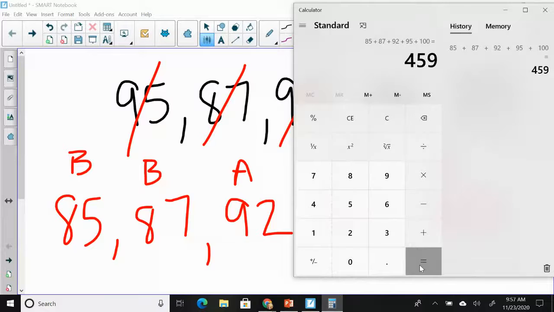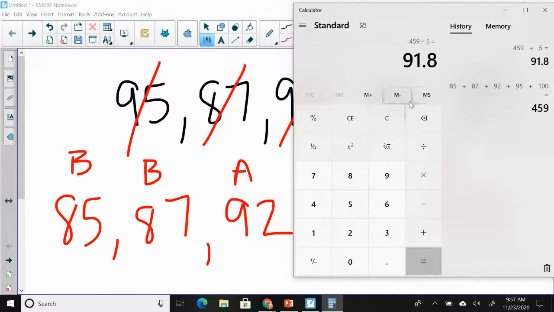Okay, equals 459. Now that is not my average. I have to do one more step. So I'm going to take 459 and I'm going to divide it by 5 because I had 5 grades.